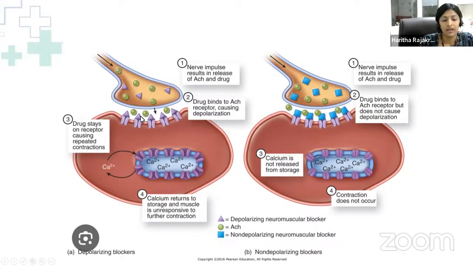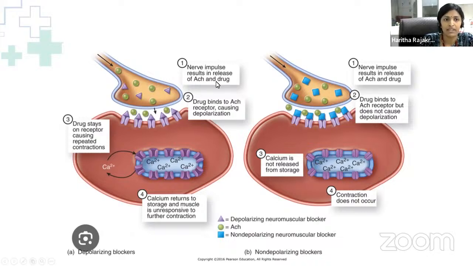Once we administer the depolarizing blockers, which you can see as these triangle agents, they come and attach to the acetylcholine receptors. So basically there are no receptors free for acetylcholine to act on. These are actually agonists, acting more or less like acetylcholine itself.